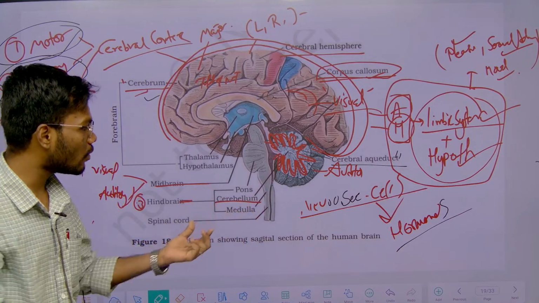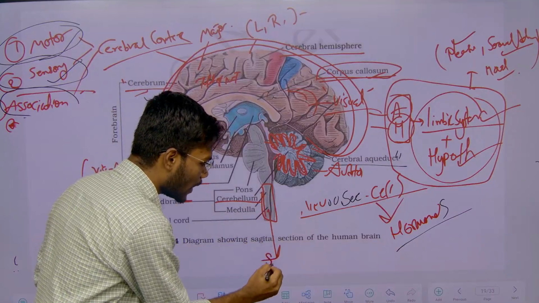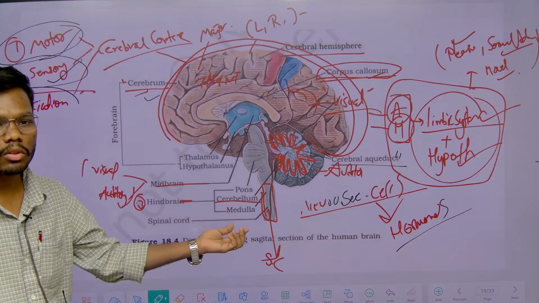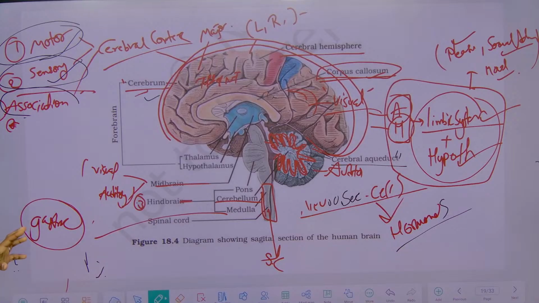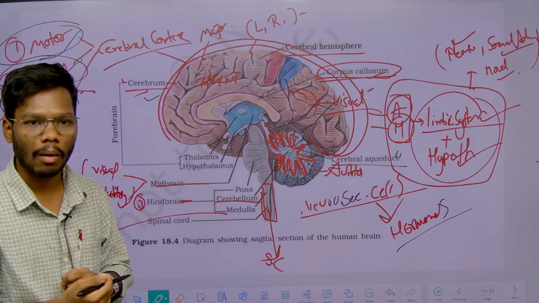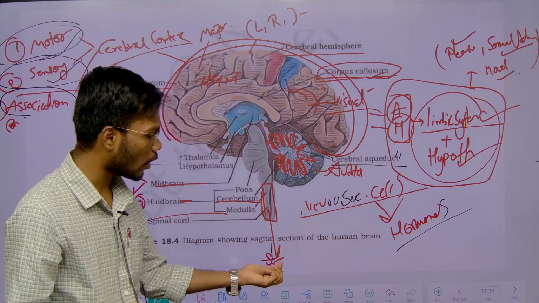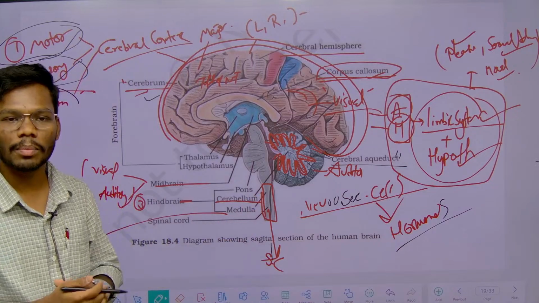And there is the medulla, which is connected with the spinal cord. In this medulla we have functions controlling all the gastric activities. The medulla oblongata is elongated into the spinal cord; it is only connected to the spinal cord.